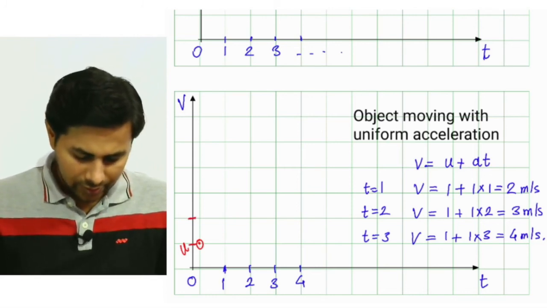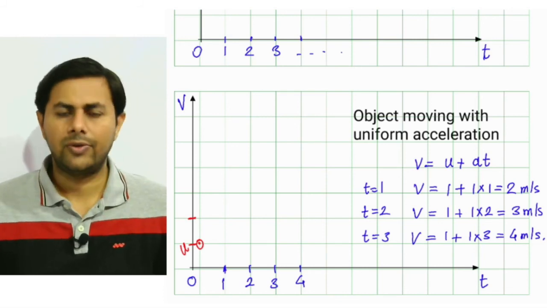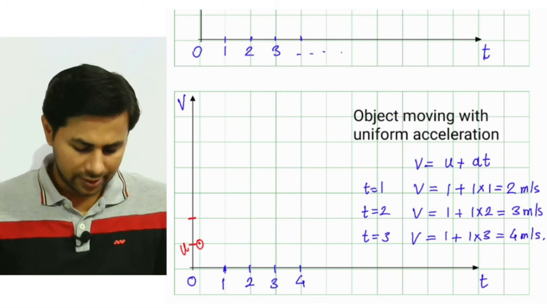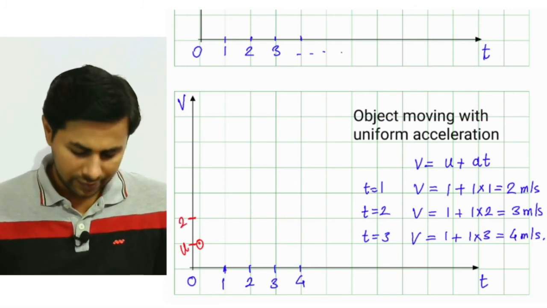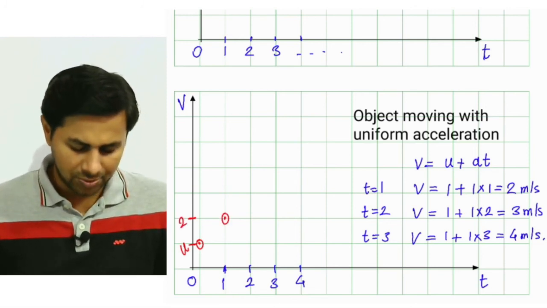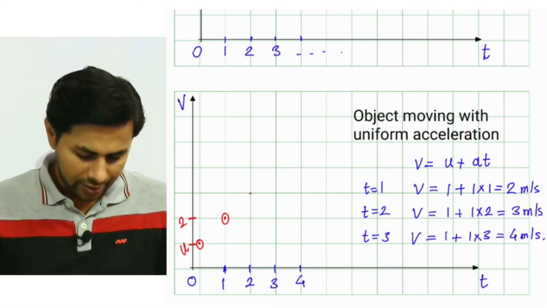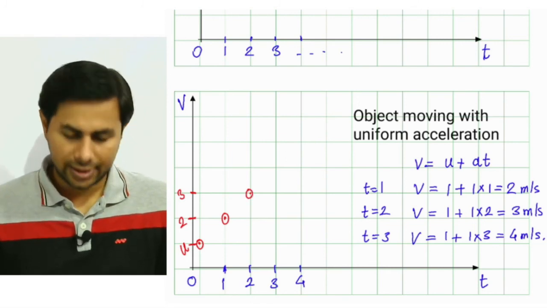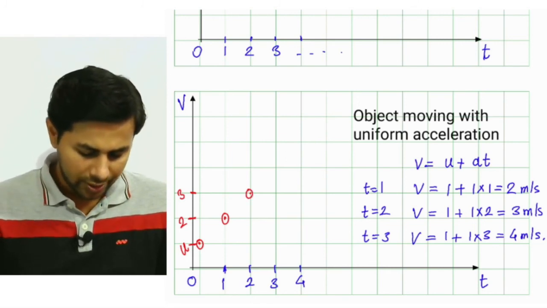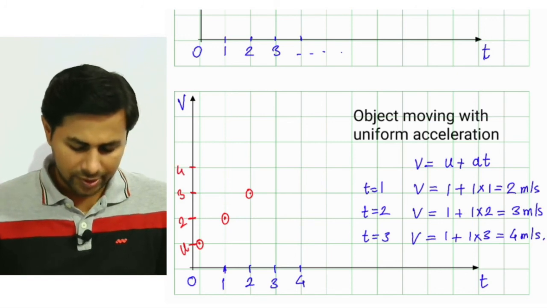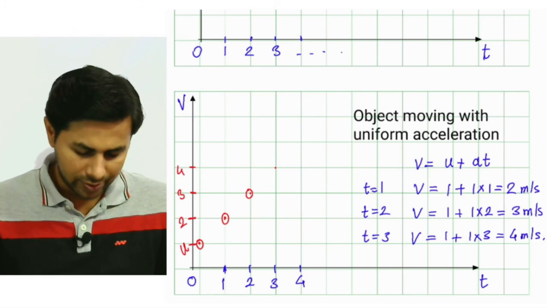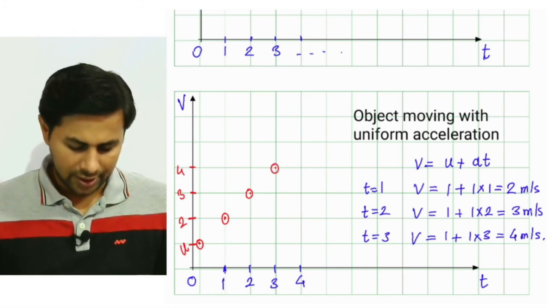At t equals to 1, the velocity becomes u plus 1, okay, that is 2 meters per second. So we get this next point. At t equals to 2, it becomes 3 meters per second. So we get this next point. At t equals to 3, it becomes 4 meters per second, and so on and so forth.